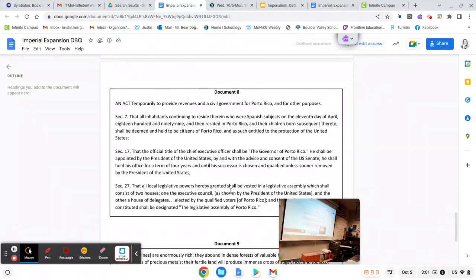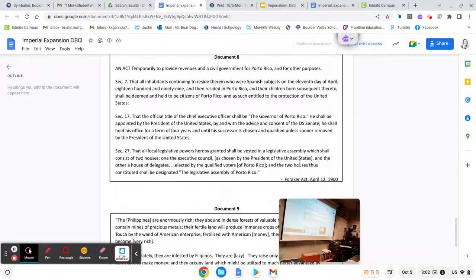Okay, which one am I on? I'm on 8. Okay, 8 is another hooray for the United States. The Foraker Amendment, if we look down at the bottom here, is about how we're going to control Puerto Rico.